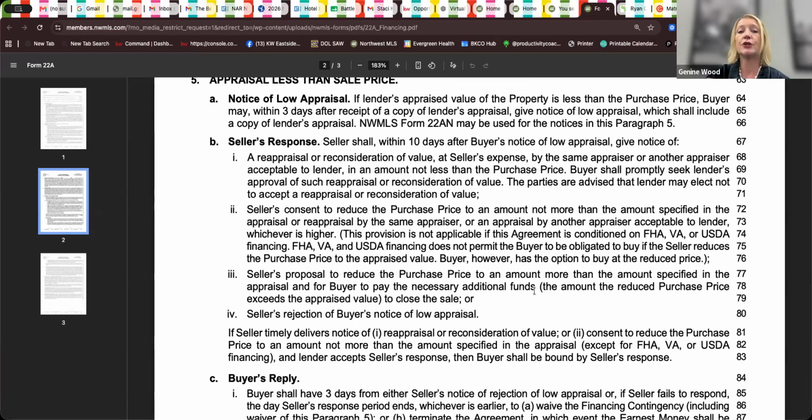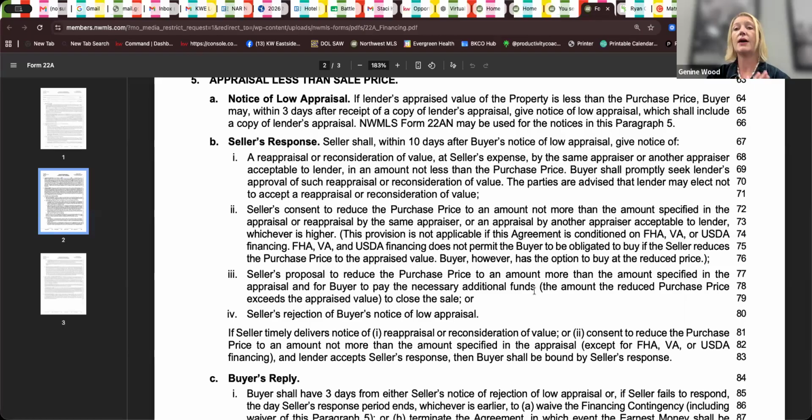Seller can consent to reduce the purchase price to an amount not more than the amount specified in the appraisal or reappraisal by the same appraiser or another acceptable appraiser. This provision does not apply to FHA or VA or USDA. So let's say our property is listed at 500 and the value came in at 475.